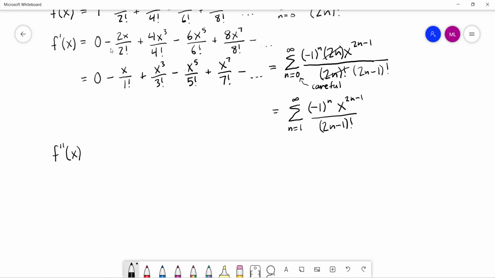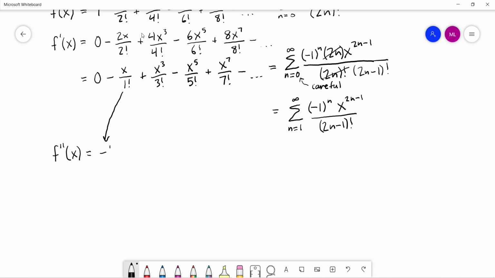So if I take another derivative, we're now taking derivatives of these terms here. So just keep in mind what's going on. The zero term is gone. Forget about it all the way. I'm just going to come down with this term as the first term. When I take the derivative of that term, I've got a negative, and the derivative of x is just 1, and it's over 1 factorial. I have a negative sign.